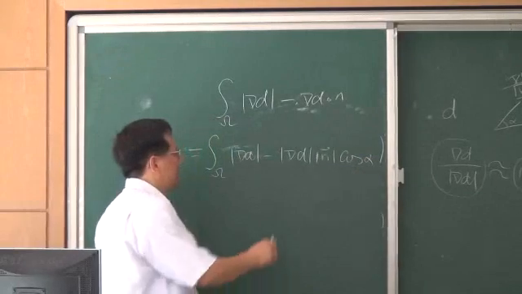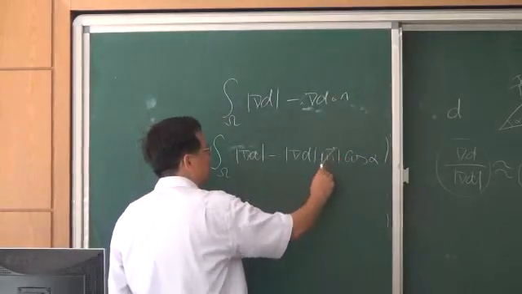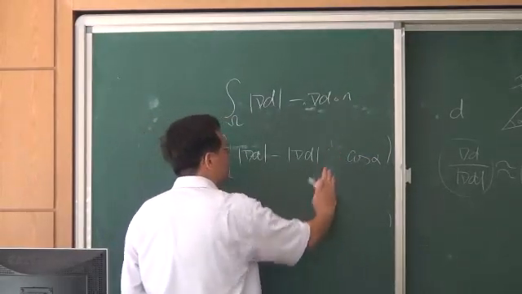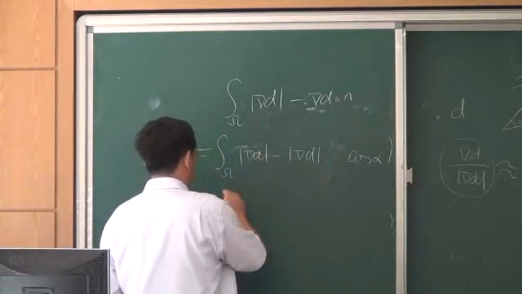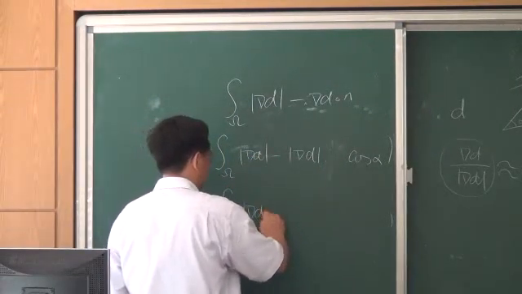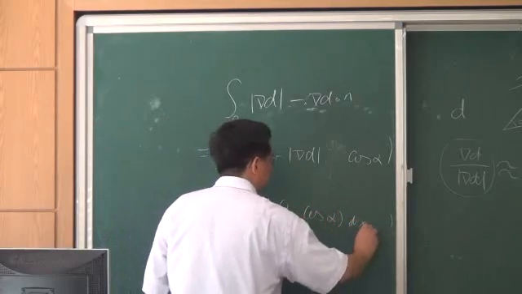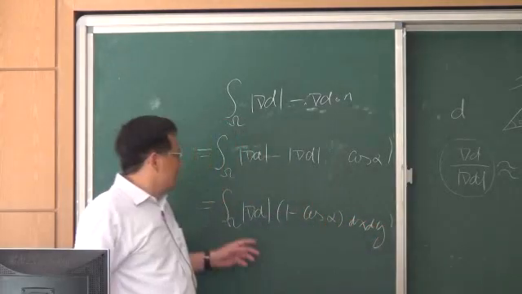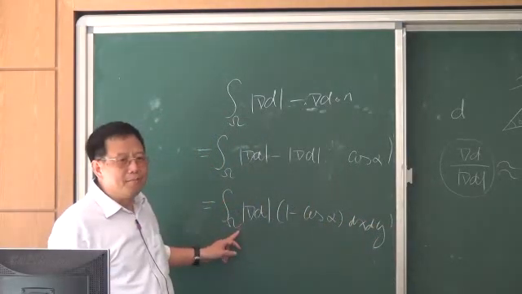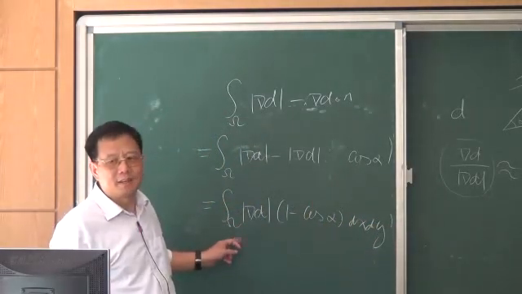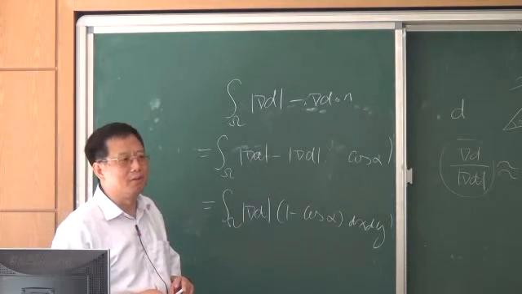We impose n as a unit vector, so that norm is equal to 1 and you can take it out. So here is the integral of norm of gradient D times one minus cosine alpha dx dy. Assuming you minimize this term, what's the meaning?